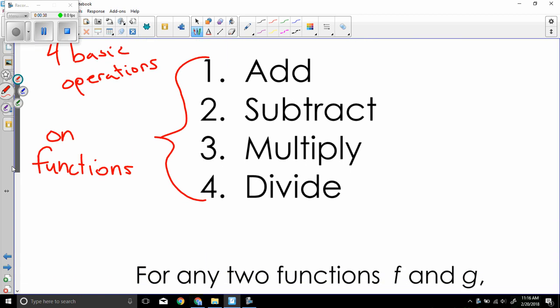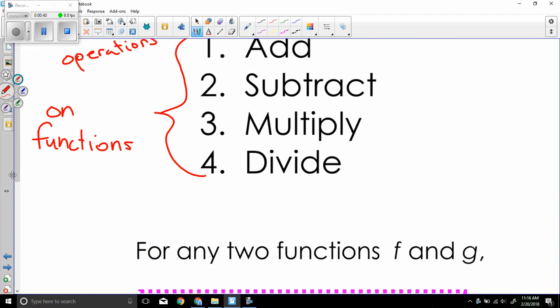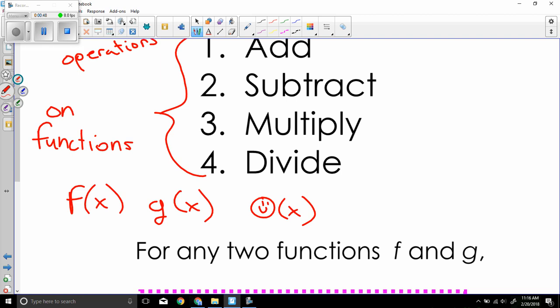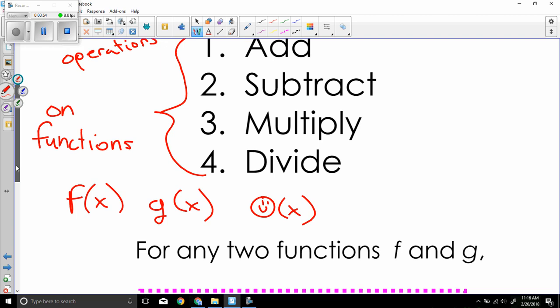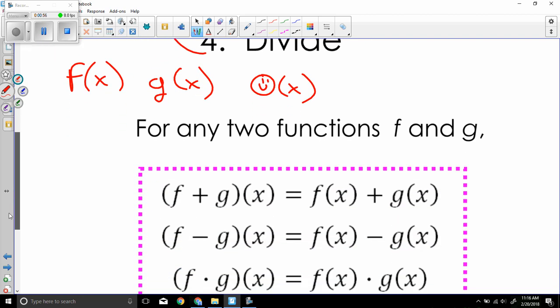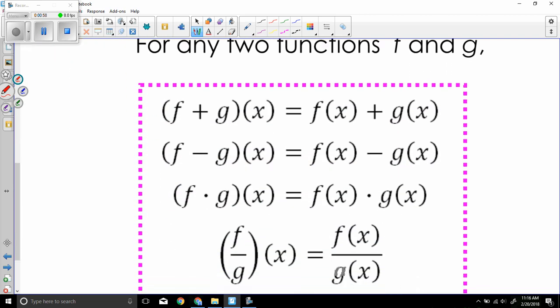Of course, we remember that functions are things like f of x, g of x, even the smiley face x. Anything that has a symbol or a letter in front of it can be named a function. We then have these 4 basic operations for any function f and g.